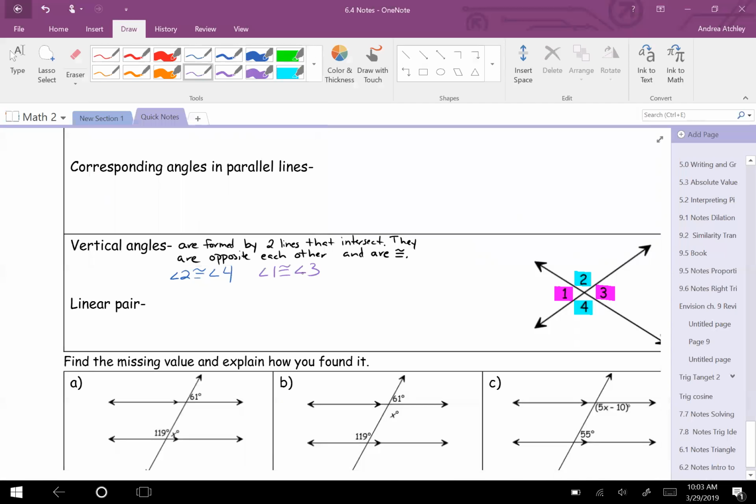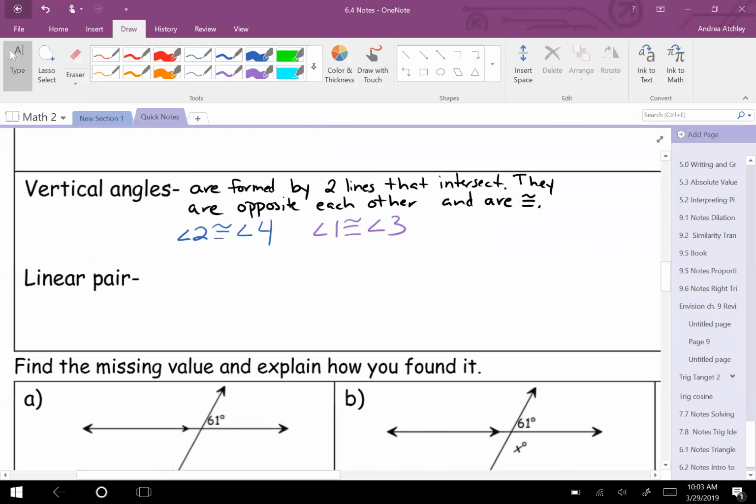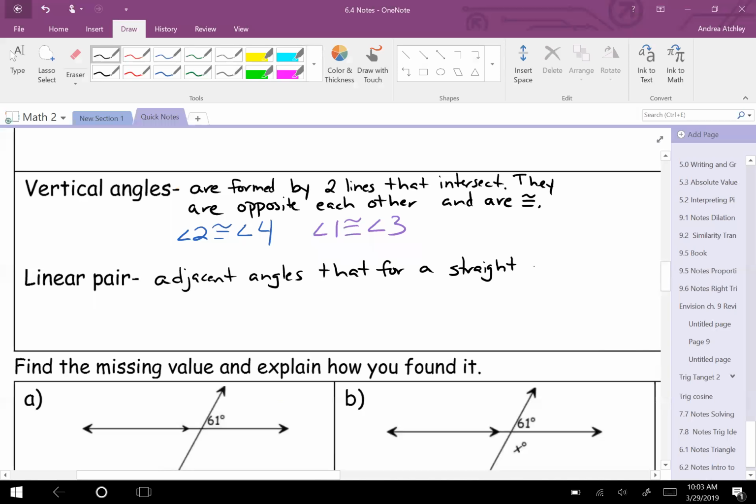Okay, a linear pair. Now, linear pair is adjacent angles that form a straight line.